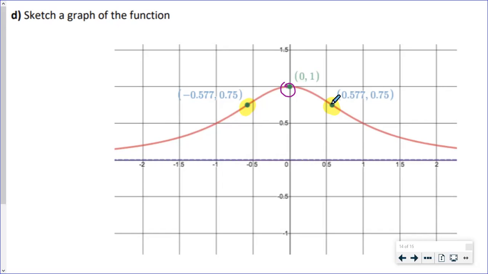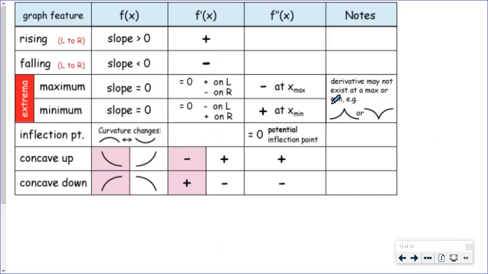So we have now summarized effectively the first derivative test and the second derivative test. I have included a table here, which really clarifies what you can tell about a function from the original graph, the first derivative, and then the second derivative.